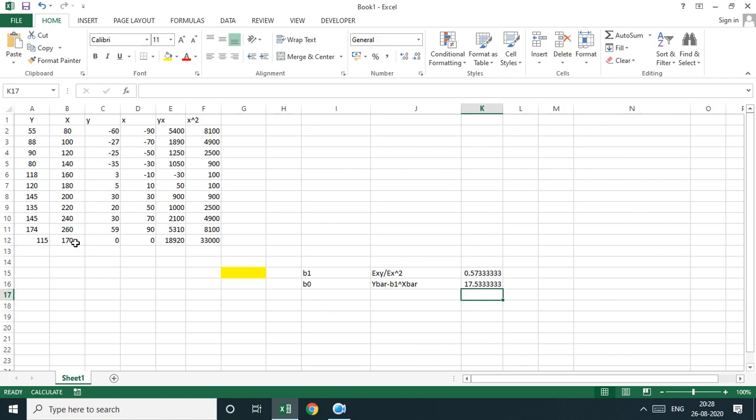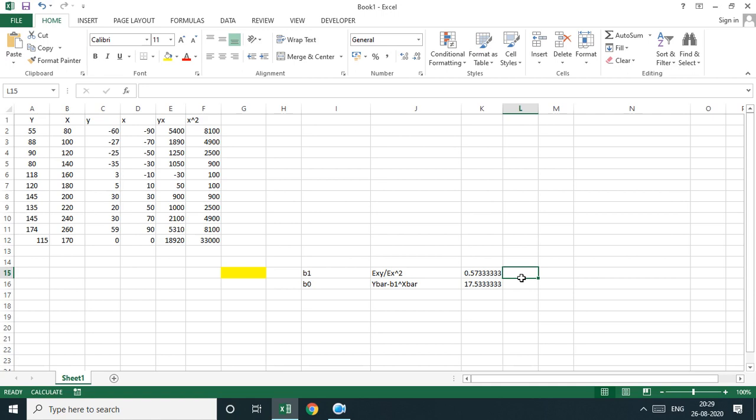Then how can we interpret this? It tells us that whenever your income increases by 1 unit, income is always measured in terms of rupees or dollars, so whenever your income increases by $1, your consumption will increase by $0.57.